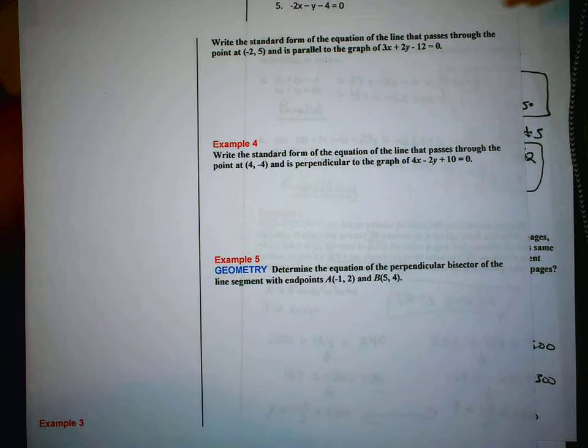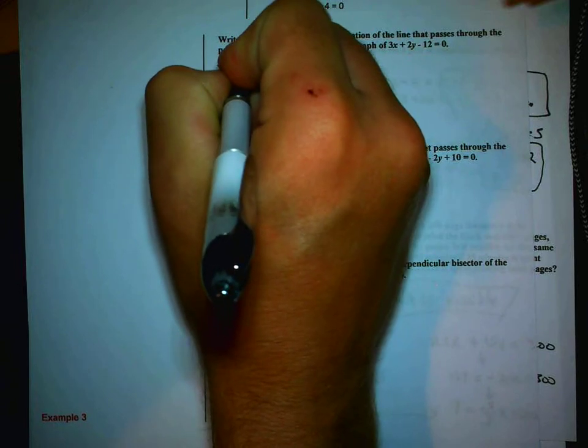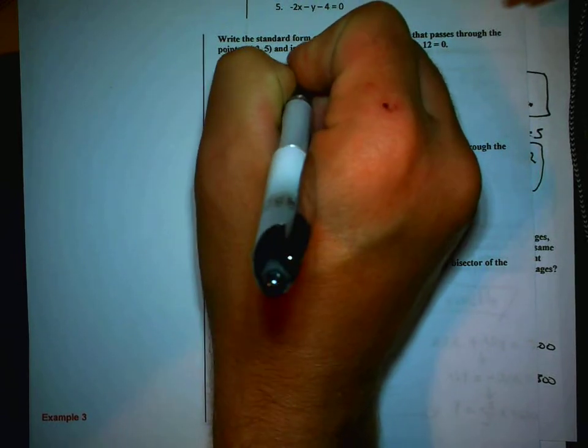Okay? So, here's what we've got to do. We've got to jump into finding slope real quick and then use our formula y minus y1 equals m open parentheses x minus x1.